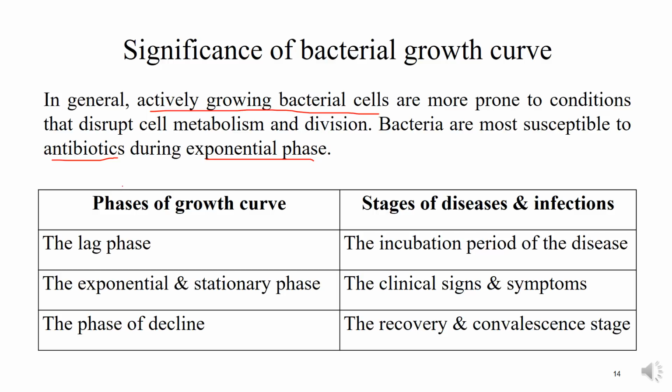Now let's look at how we can relate the phases of the bacterial growth curve to stages of disease and infection. Let's say you visit a friend who has bacterial pharyngitis, a sore throat. When you visit this friend who has a sore throat, it is very likely that you might get the bacteria from your friend.